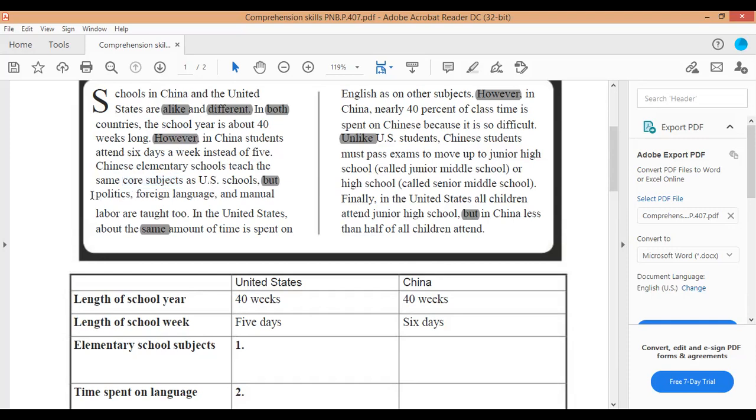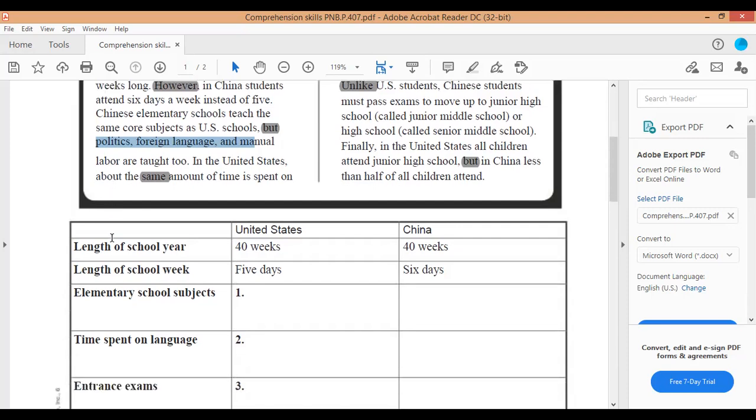But politics, foreign language and manual labor are two. So we can say for China, we can write core subjects plus other subjects like politics, foreign language, and manual labor. So these are the other subjects in China.